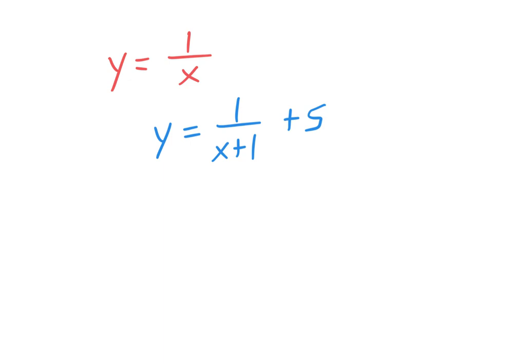This is at the end, or after the function. This is going to go up or down. So in this case, this is going to go left 1, and it's going to go up 5. The rules don't change, right? It's just the type of graph that we have that will change for each one.